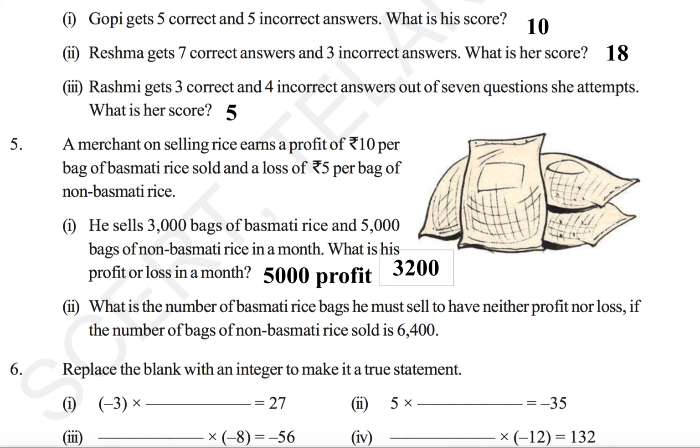He should get the same profit from the basmati rice. Since he gets 10 rupees per bag, divide 32,000 by 10. Then he has to sell 3,200 bags of basmati rice to make no profit or loss.